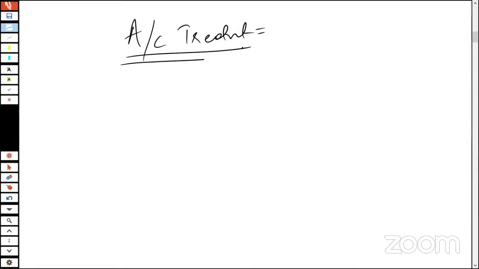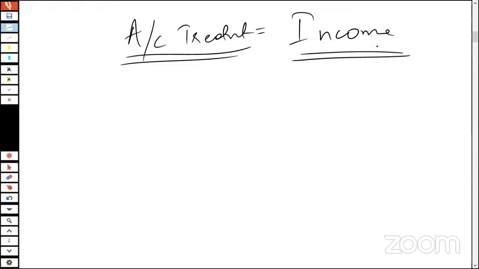Now, what is the default accounting treatment of these government grants? The default accounting treatment of the government grant is that you need to recognize these government grants as income.